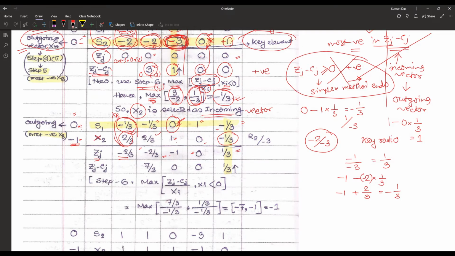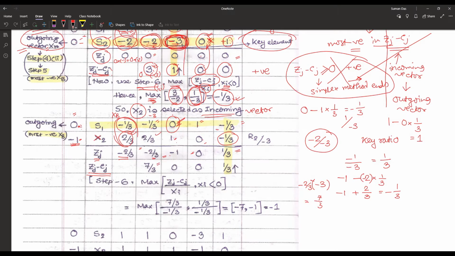Next we have to find out Zj minus Cj. So minus 2 by 3, and Cj was minus 3. So minus 2 by 3 minus of minus 3, the result is 7 by 3.